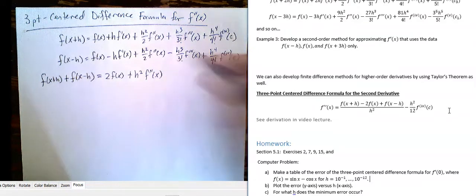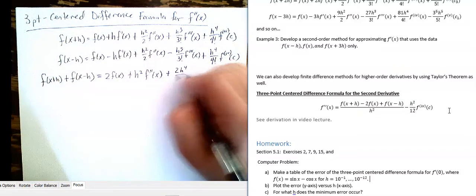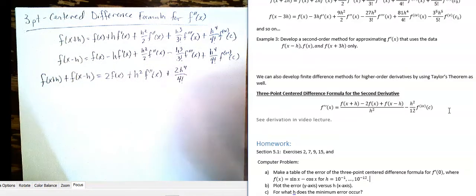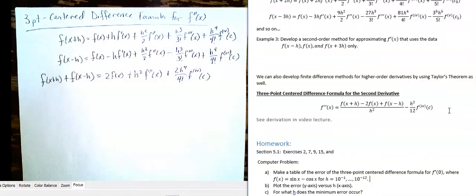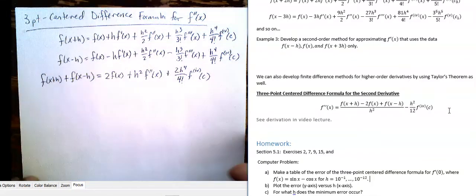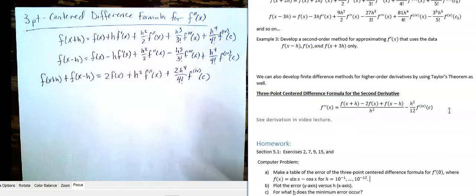Add these, we'll get 2 h to the 4th over 4 factorial, f quadruple prime at c. So, it's basically done for us, right? We can start to solve this thing now.